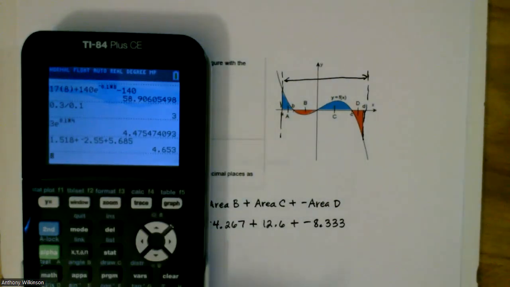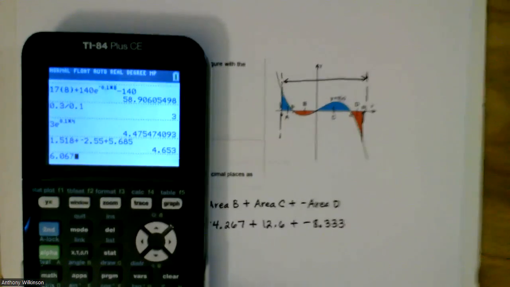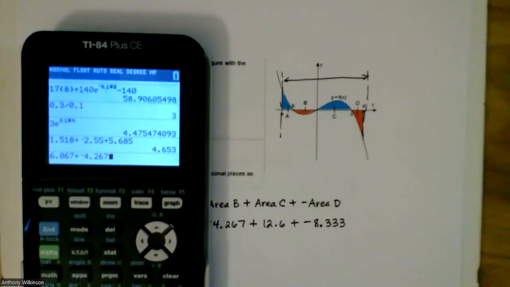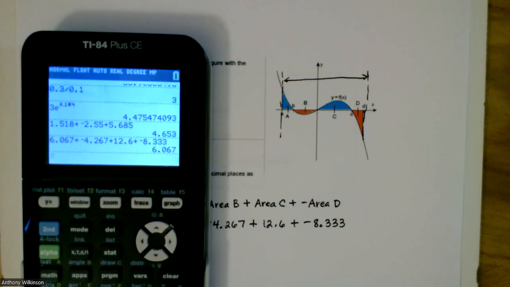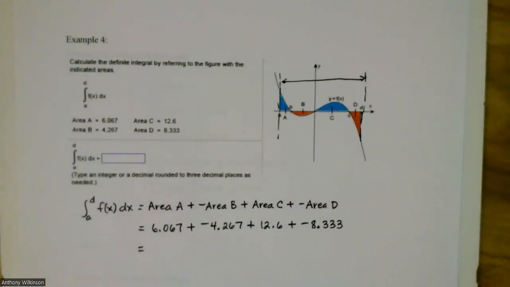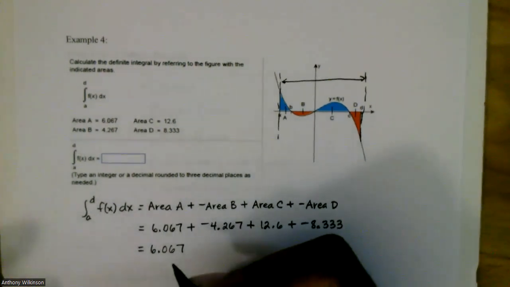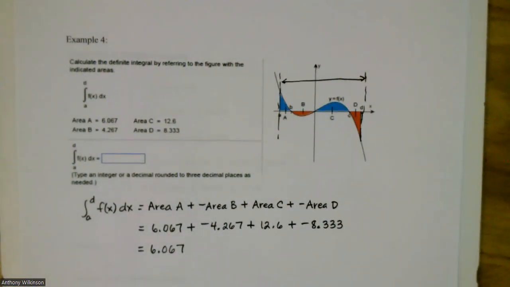And if we add those together, 6.067 plus negative 4.267 plus 12.6 plus negative 8.333, this will give me 6.067. So here, the integral from a to d of f of x dx would be equal to 6.067. Okay.